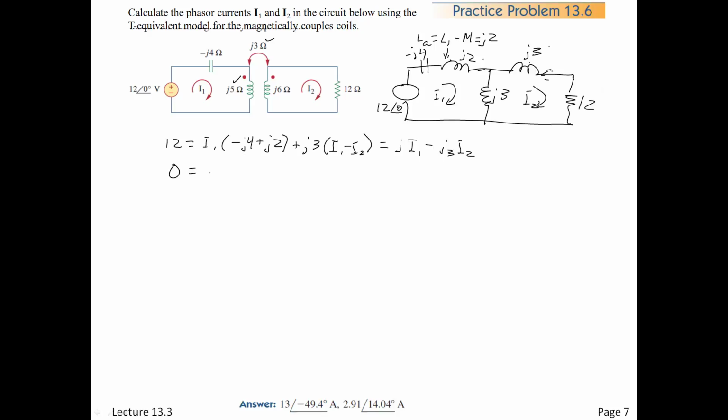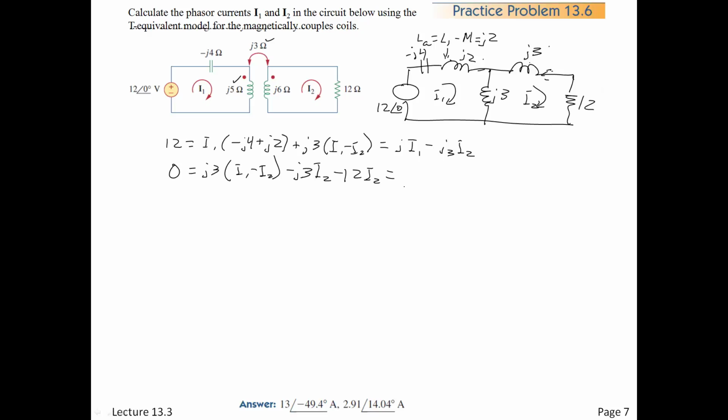The second equation is 0 equals J3 now times the same quantity, I1 minus I2, minus J3 times I2. Right, so this is the upper bar of the T, that's the shared bar. But then we also have the resistor in there, so that's minus 12 I2.